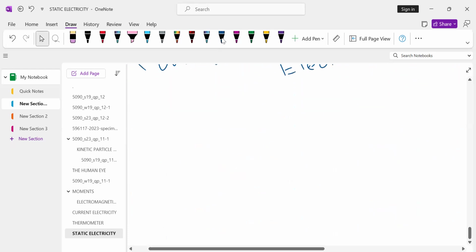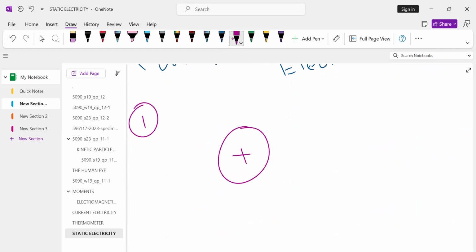Now here are some cases which you need to remember. The first one is that when the charge is positive, the lines would be going out. And the second thing you need to remember is that whenever you have to draw this, the number of arrows should be equal and opposite, like this.